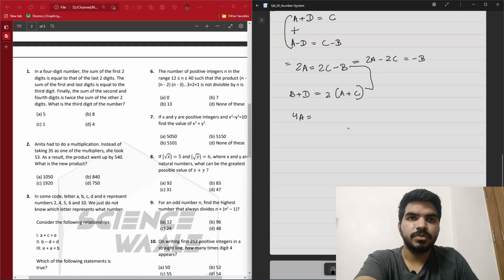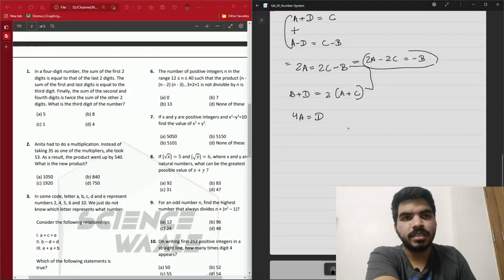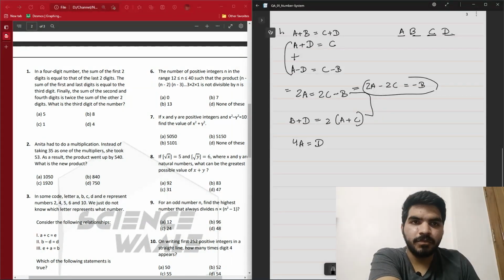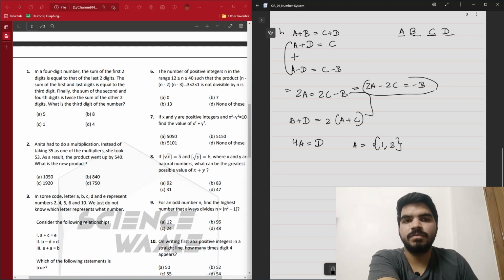After adding these two, we'll get only D. So we are pretty sure that the digit in the D position is 4 times the A position. So we can conclude as of now that A is either 1 or 2, because if it is 1, D will be 4, and if A is 2, then D will be 8.